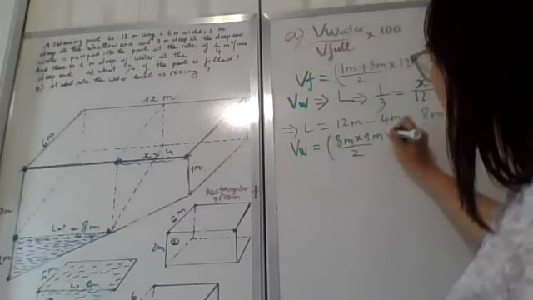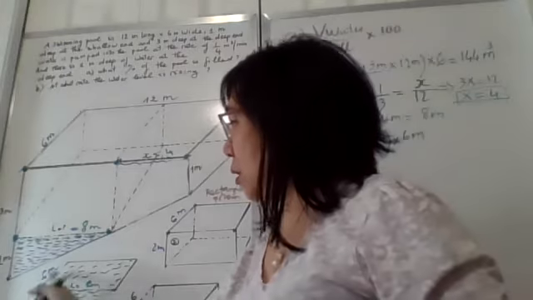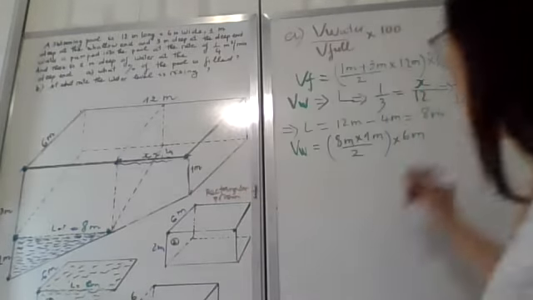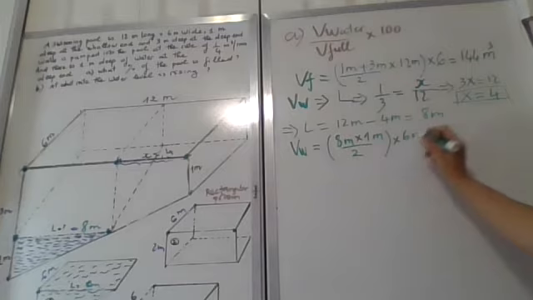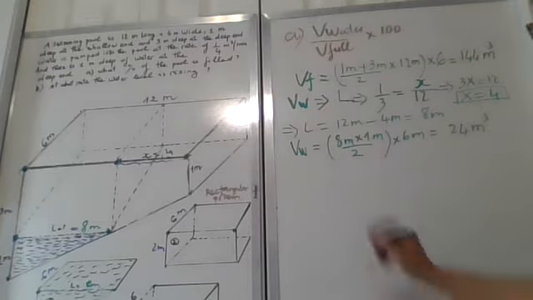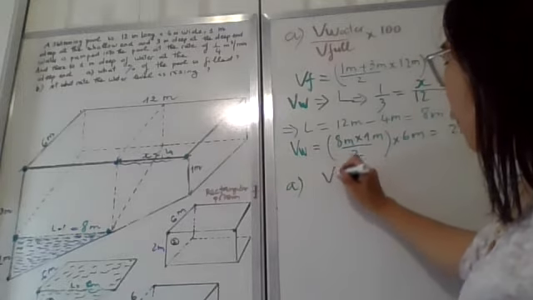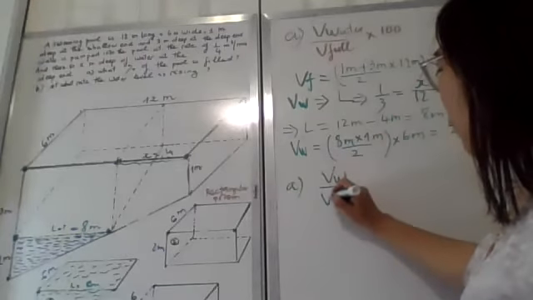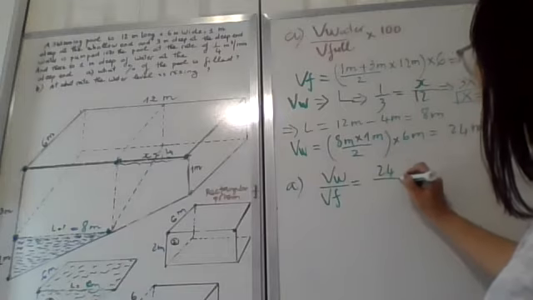That's the area of the triangle, times 6 meter, the height of the prism, right? So that will give us 8 divided by 2 is 4, 4 times 6, 24 meter cube.